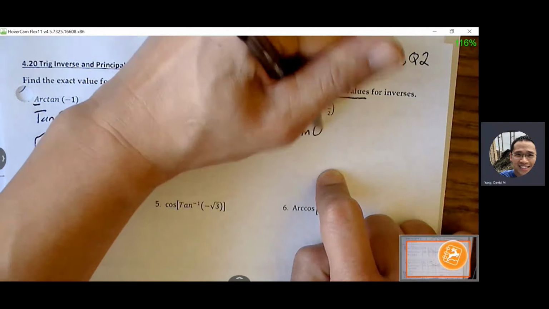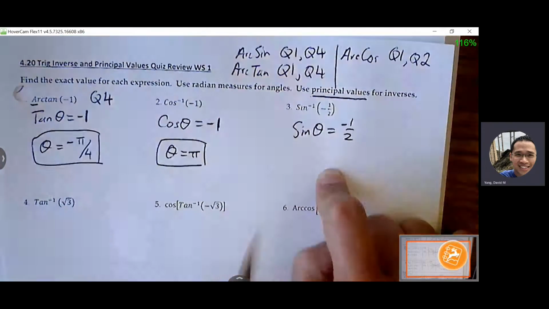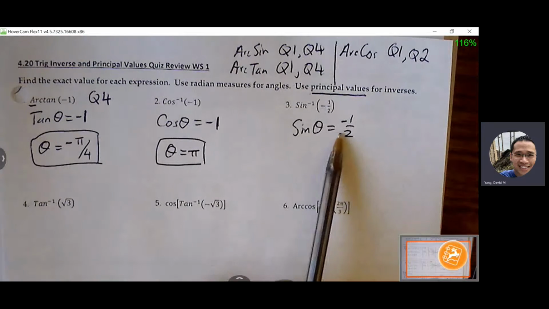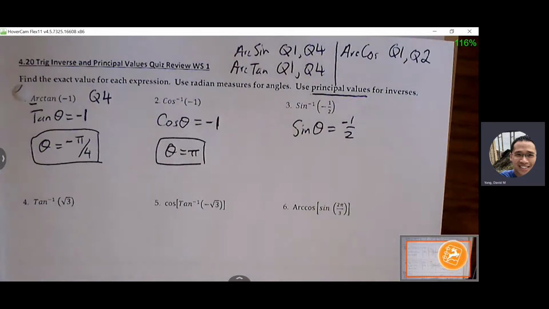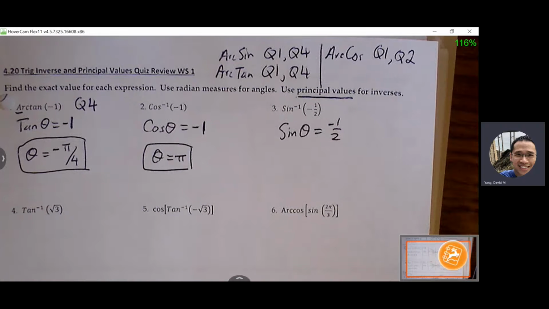Inverse sine, same thing as saying when is sine of theta equal to -1/2? Quadrant 4. So where is sine going to be variations of 1/2? Pi over 6, unit circle values.